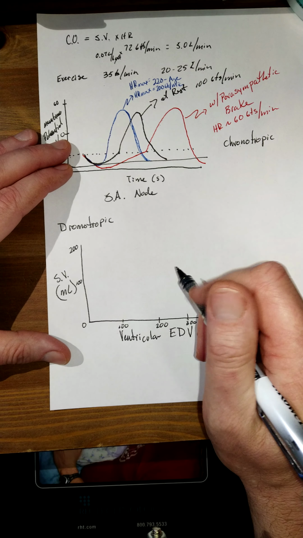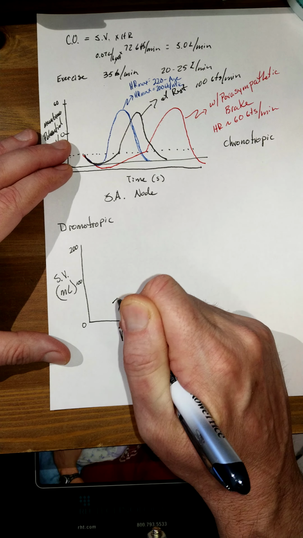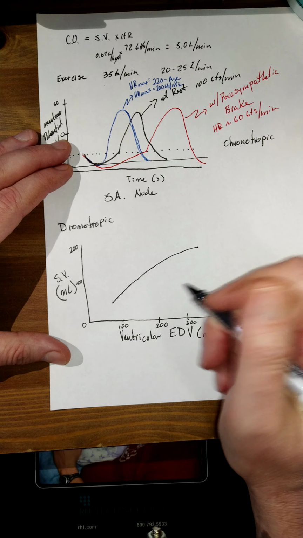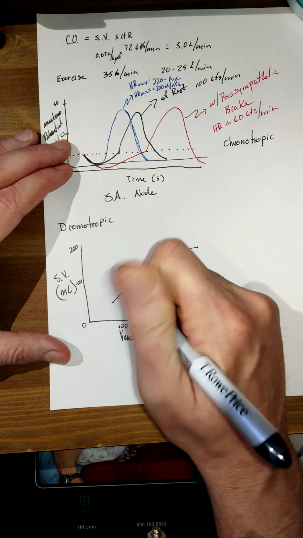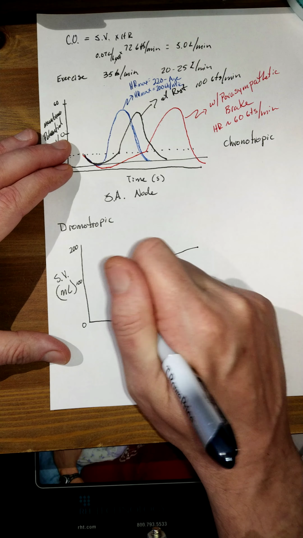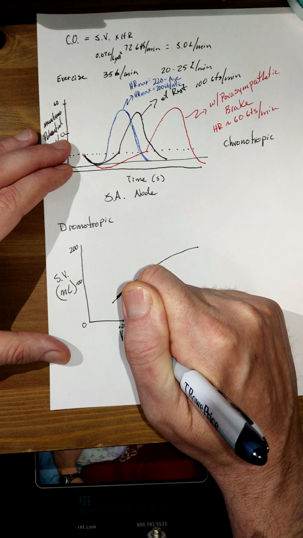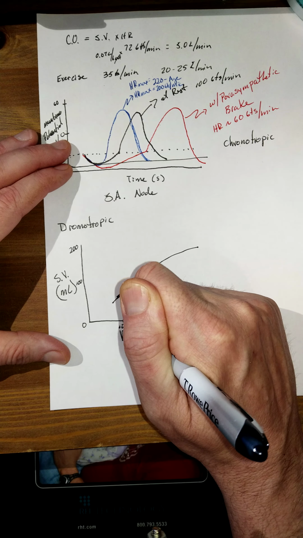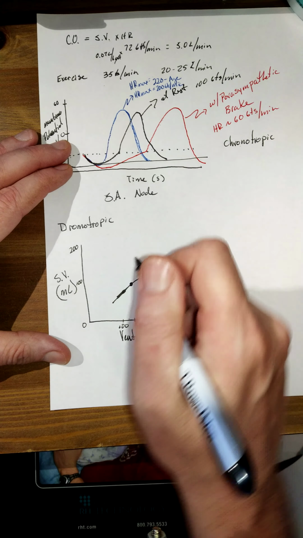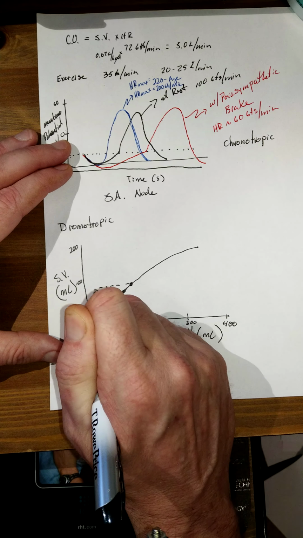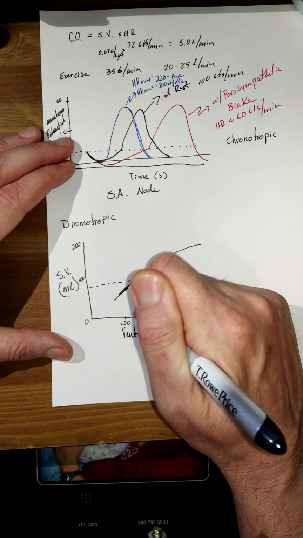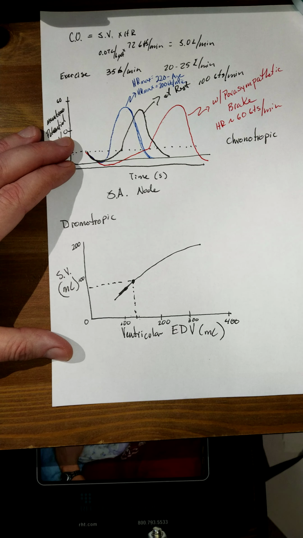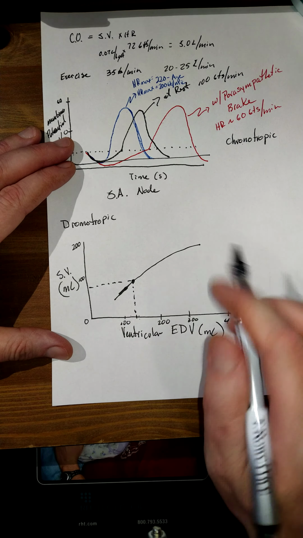And then it'll look something like this. And then right here is our normal resting value. Now let's move it out just a little bit, about 130. Oops, sorry about that. Right here. So that's our normal resting.